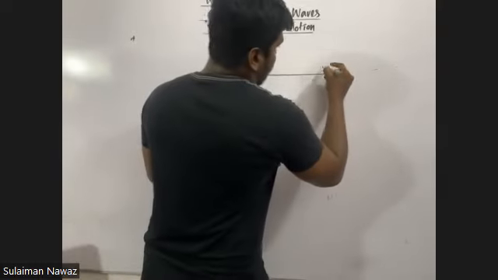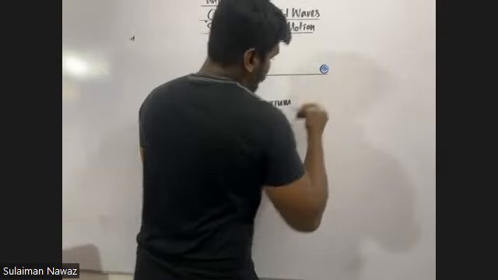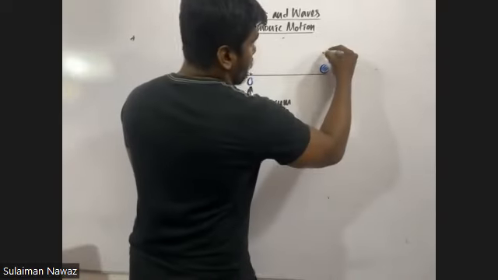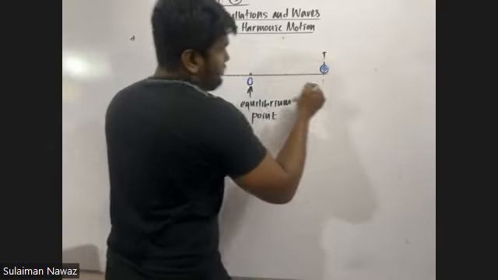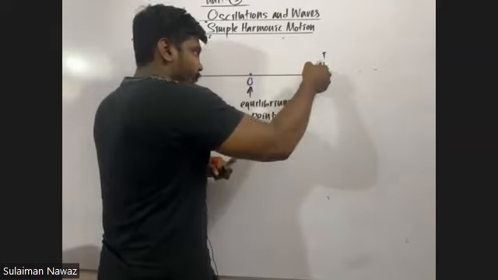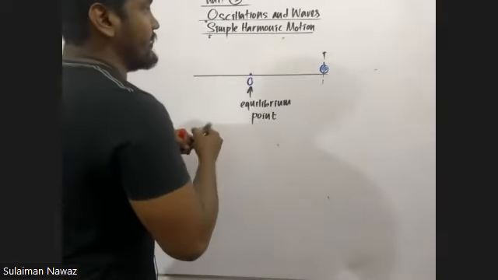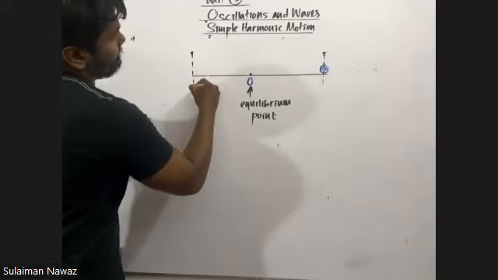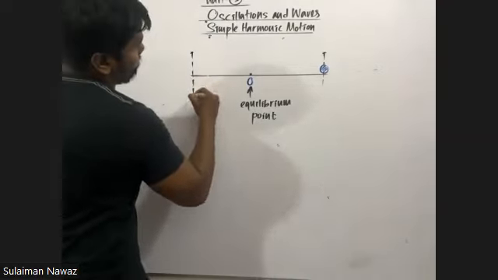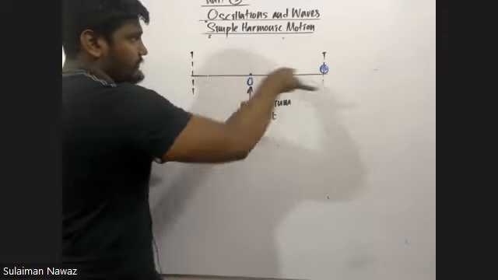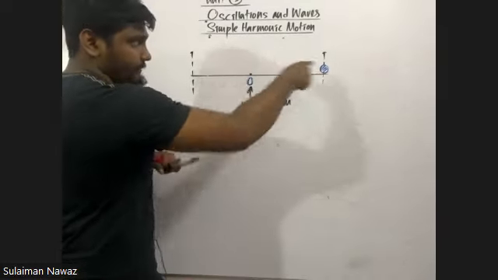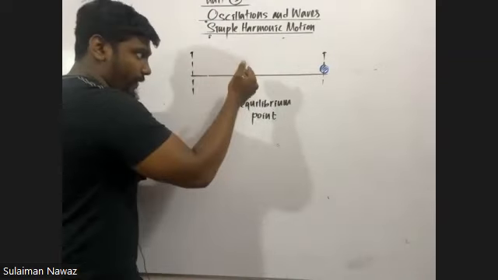right? That we call amplitude, right? So let's say this object is moving in between here to here, between this point and this point.